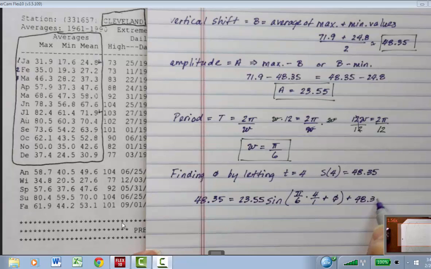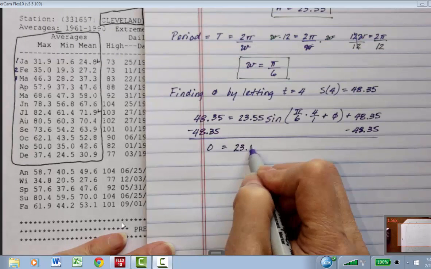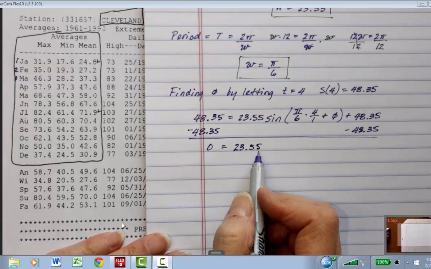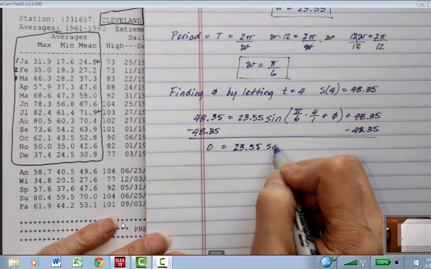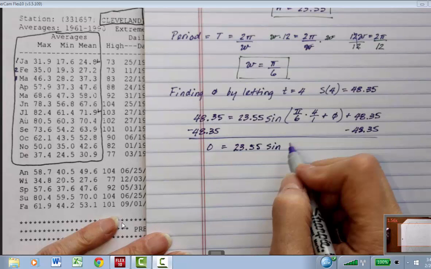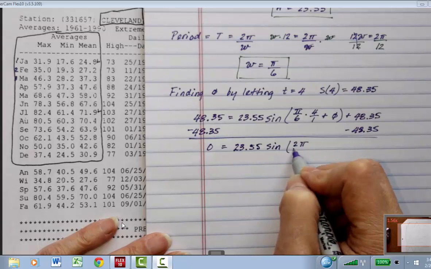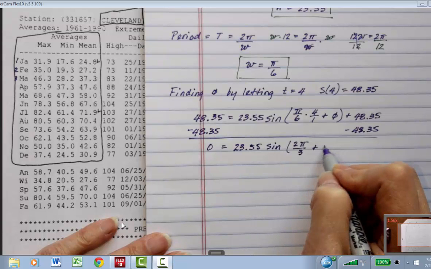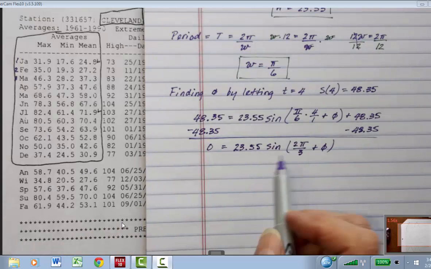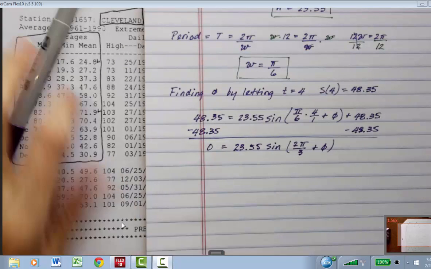I'm going to go ahead and subtract the 48.35 from both sides. When I do that, I end up with 0 is equal to 23.55. And then I'm going to go ahead and multiply pi over 6 times 4, which gives me 2 pi over 3 plus phi. Then I'm going to divide both sides first of all by 23.55.